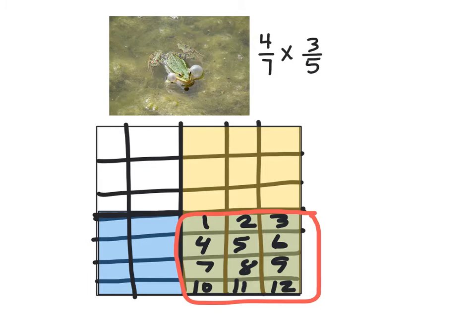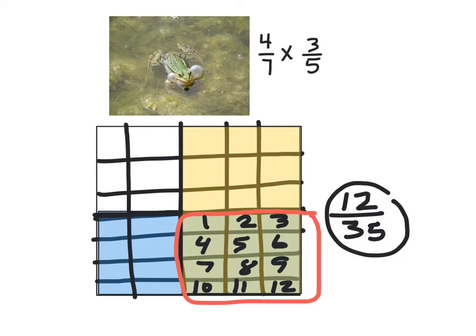However, this is the portion that he's croaking out of, and then I got to count all these boxes. 1, 2, 3, 4, 5 times 1, 2, 3, 4, 5, 6, 7. Well, 5 times 7 is going to give me 35. So he is croaking 12/35 of the day, my friends. That's a lot of time to be forlorn, that's sad, and croaking for your girlfriend.